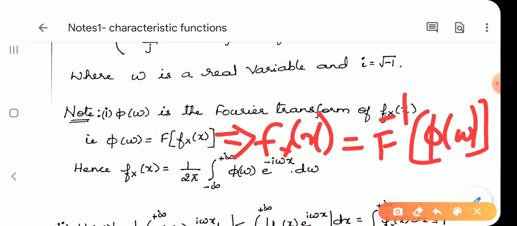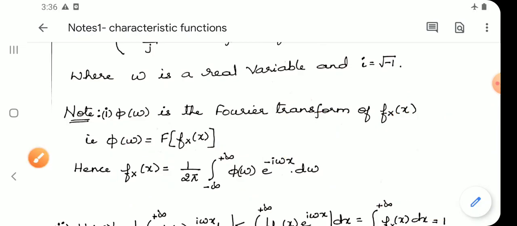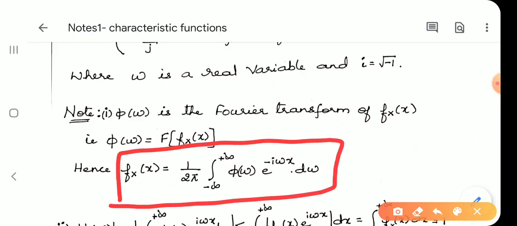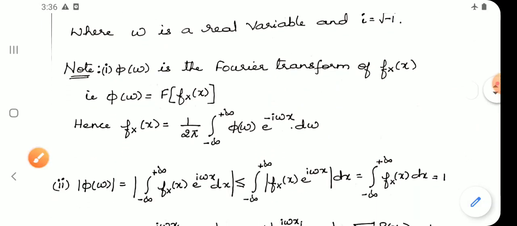Therefore, f_X of x is equal to 1 by 2 pi into the integral from minus infinity to plus infinity of phi of omega into e to the power minus i omega x d omega. So, in a problem, if phi of omega is given and we need to find f_X of x, we can use this formula.